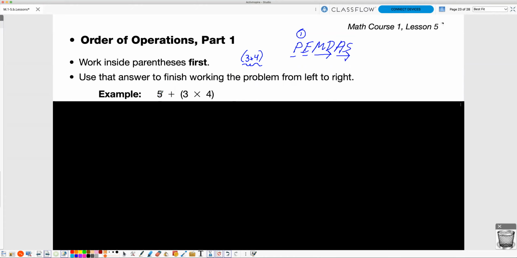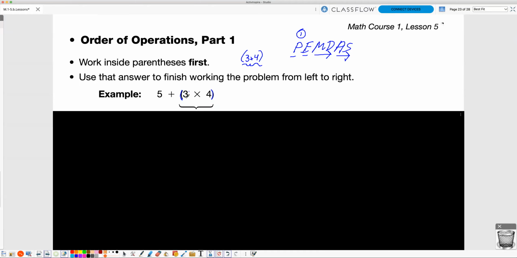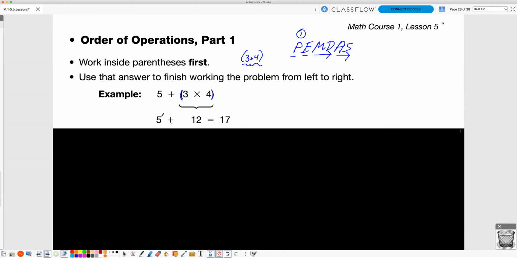Let's say you have 5 plus (3 times 4). Well, here's some parentheses right here. You need to make sure that you complete that first. And once you get the answer to 3 times 4, then you can start from left to right working with what you had previously. 5 plus, which is what's now 12, 5 plus 12 equals 17.